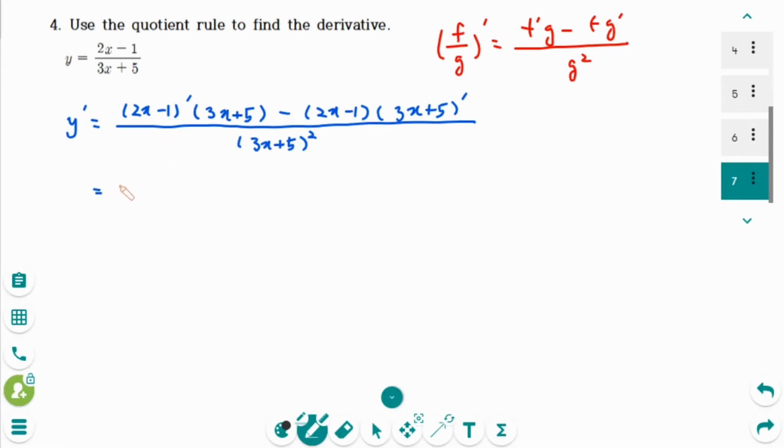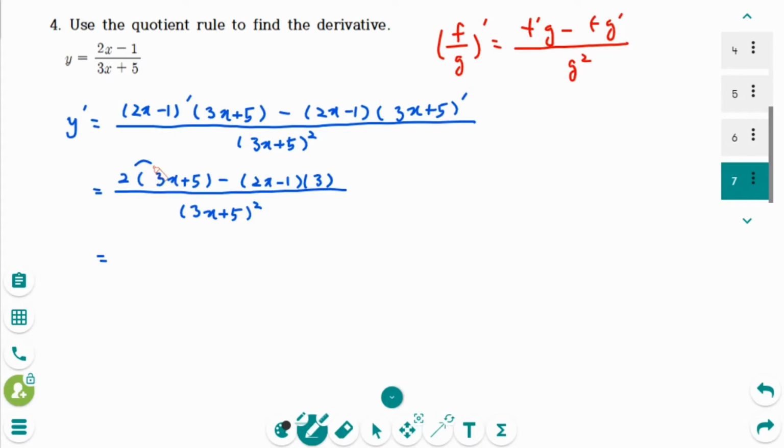The first one is 2 times (3x + 5) minus (2x − 1) times the derivative of 3x + 5, which is 3, over (3x + 5)².